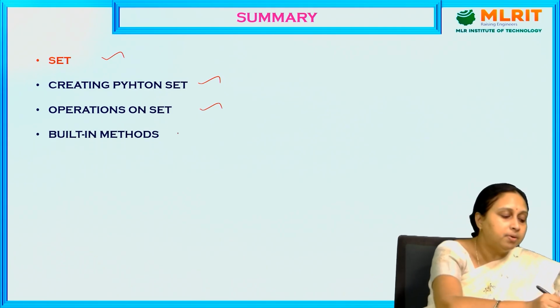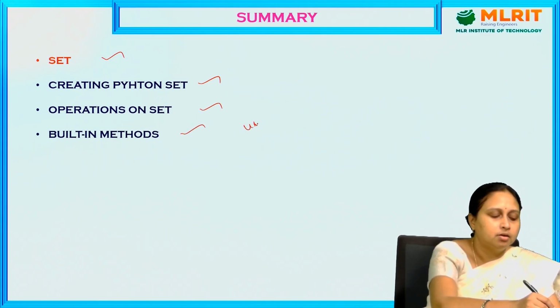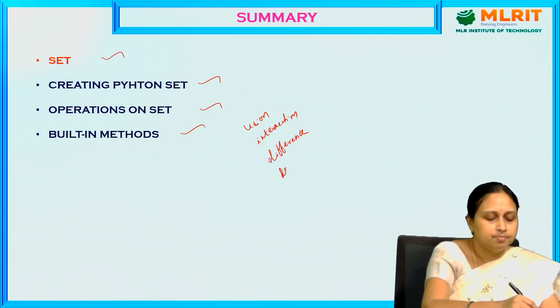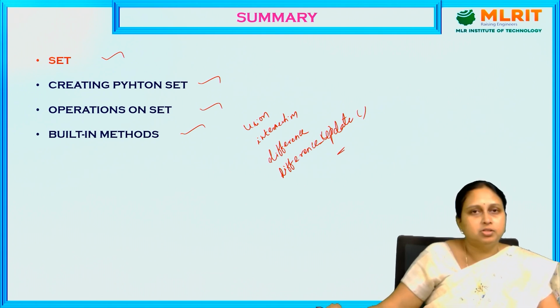And the built-in methods we have, like union, intersection, then difference, difference update. These are some of the methods which have been used. So the different built-in methods we have seen with some examples.